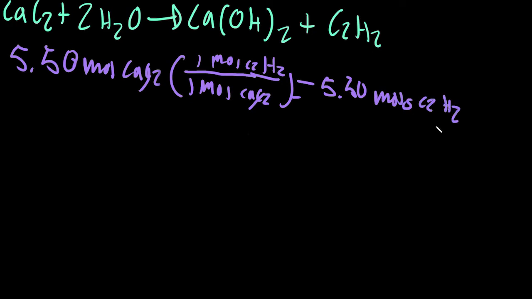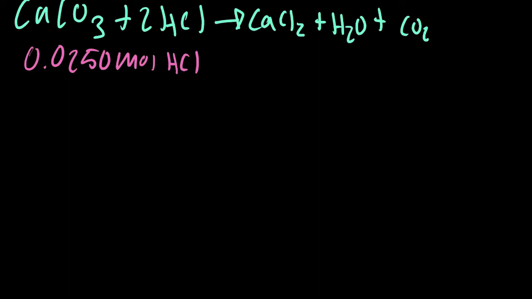C2H2. In this problem, we have CaCO3 plus 2HCl, which equals CaCl2 plus H2O plus CO2. We have 0.0250 moles of HCl, and we want to convert it into moles of CO2. To do this, we need to find a mole ratio, and it's 2 and 1.